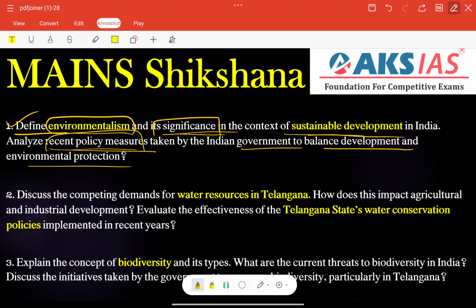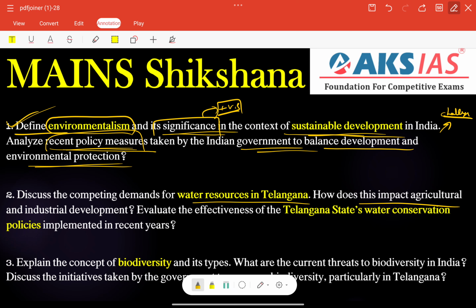Here we need to focus on providing some positives, right? Positives as a significance part in the context of sustainable development in India. Analyze recent policy measures taken by the Indian government to balance development and environment, right? In between we need to write some challenges, right? That's it, simple structure.